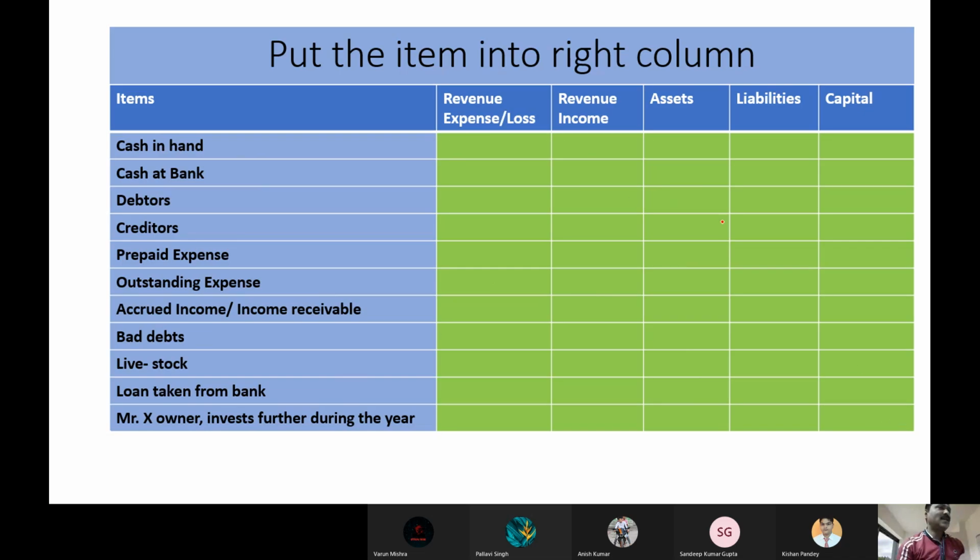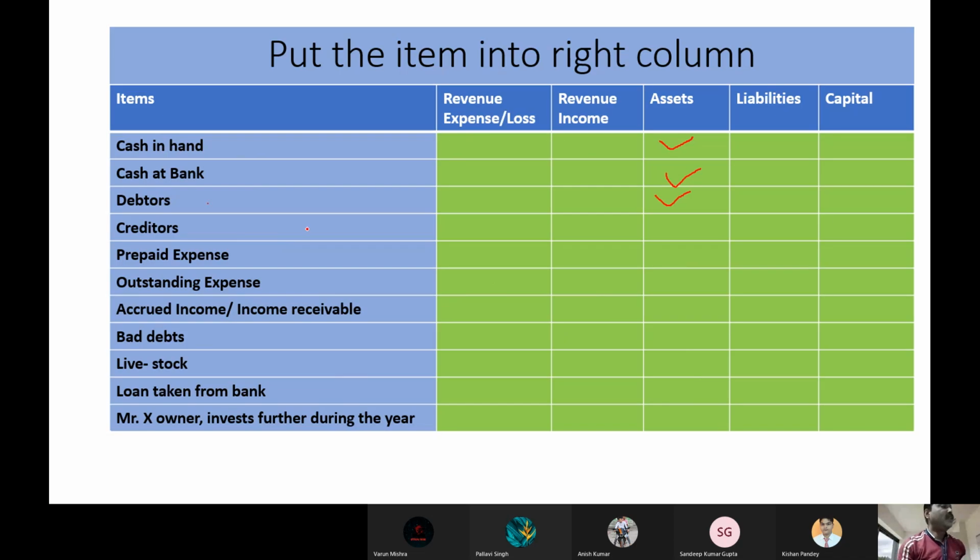As you know, cash in hand is assets because it's a source by which we run our business. Cash at bank is also assets. Already I have explained. Debtor. A debtor is the person from whom we have to take money. The amount due from others is called debtors, and a debtor is an asset, as you know.